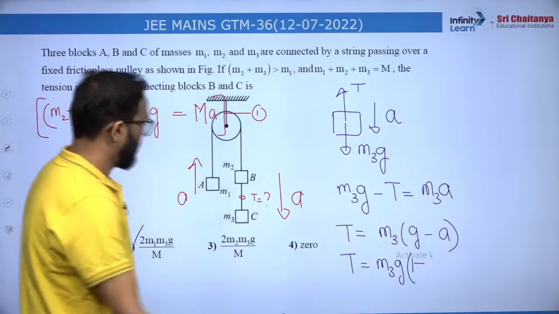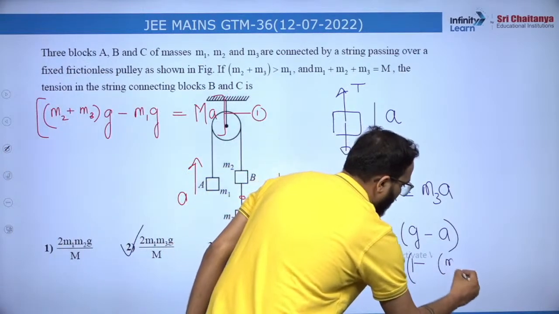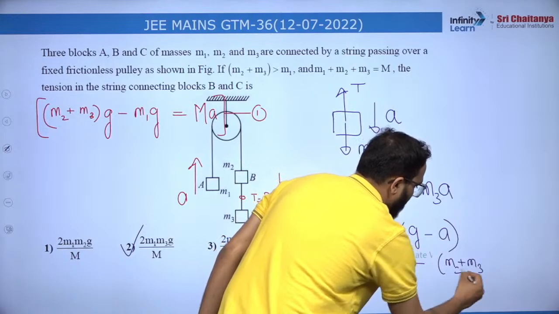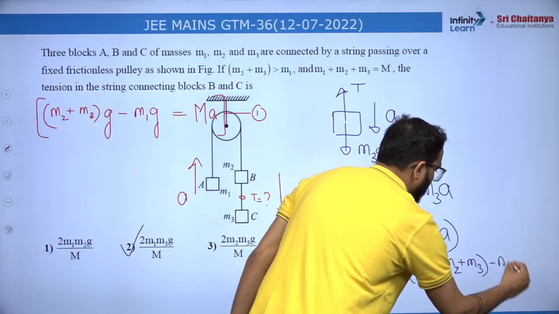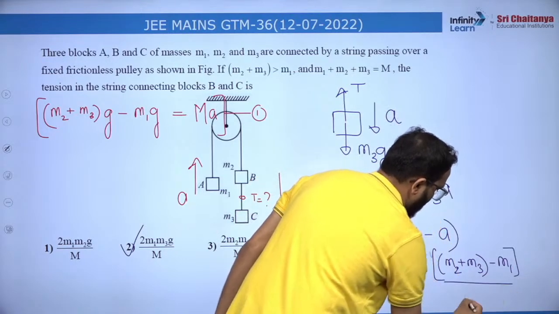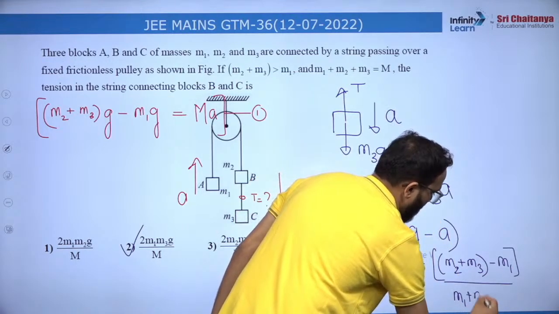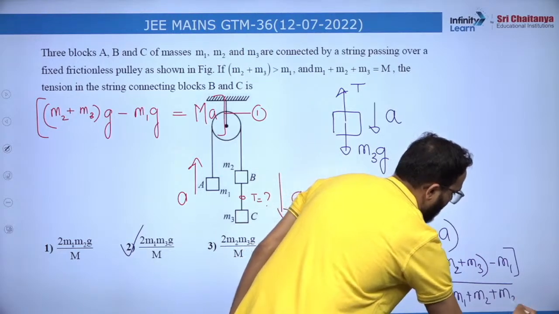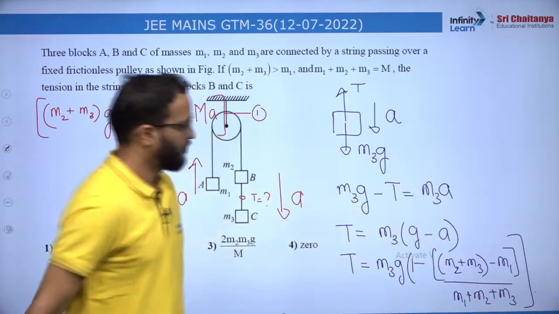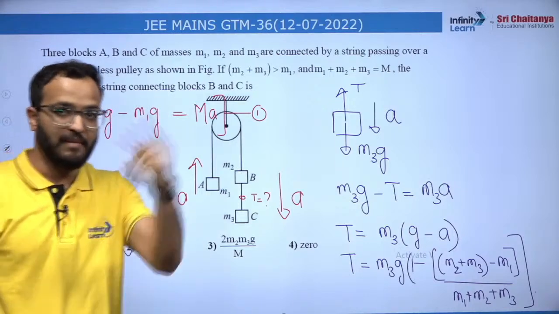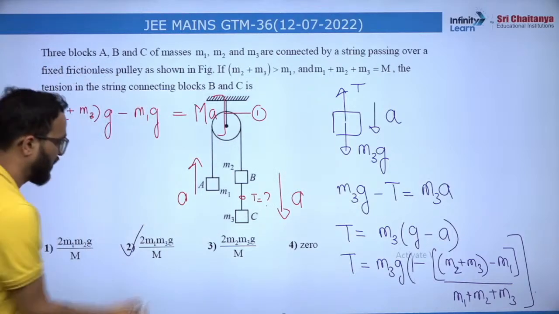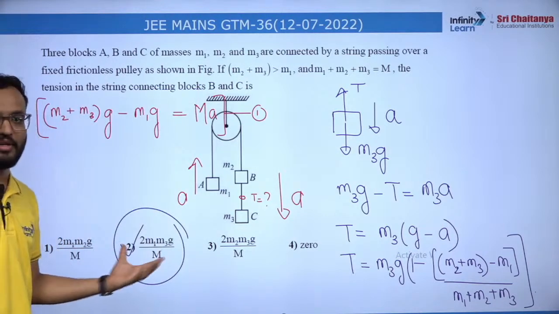A by G will be (M2 plus M3 minus M1) upon (M1 plus M2 plus M3). That's all. Now you put it, what will be your answer? M2 and M3 will get cancelled, 2M1. So 2M1 M3G upon total M. Did you understand this?